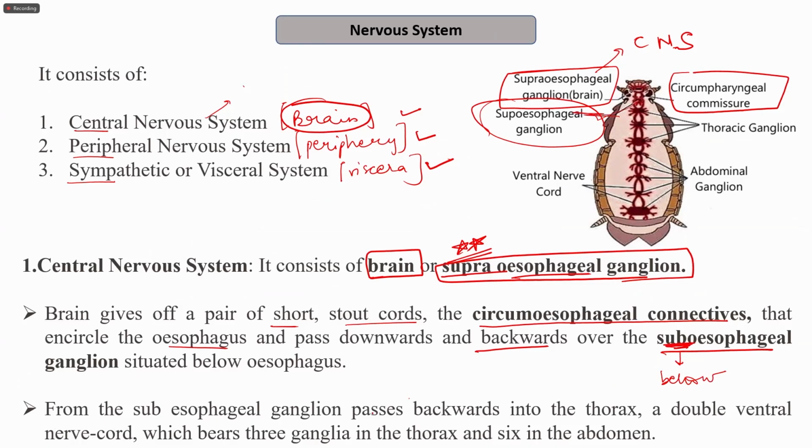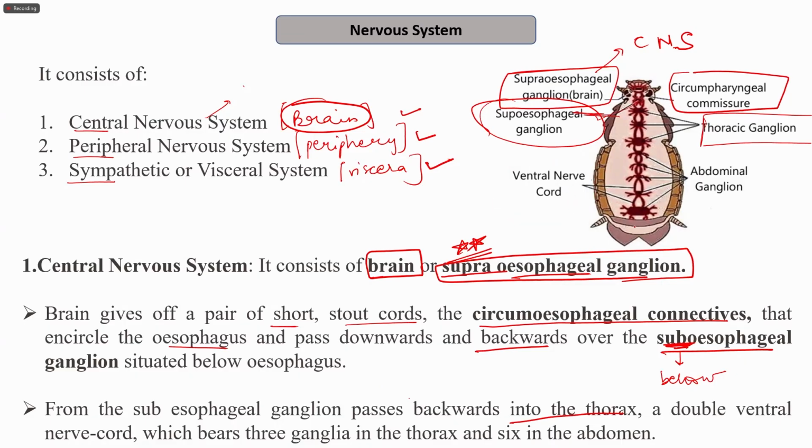which is situated, as the name suggests, sub meaning below, below the esophagus. From the subesophageal ganglion, it passes backwards into the thorax, involving the thoracic ganglia, a double ventral nerve cord. So they have a double ventral nerve cord.